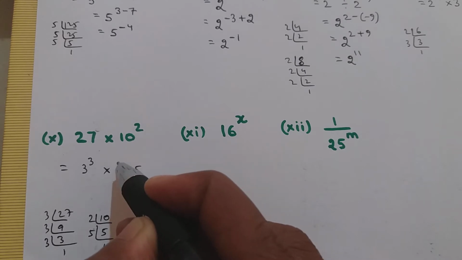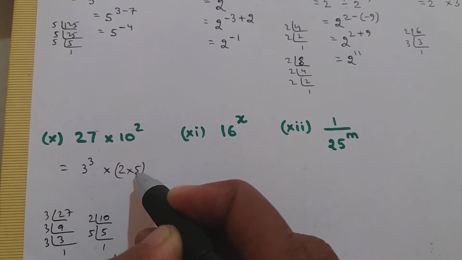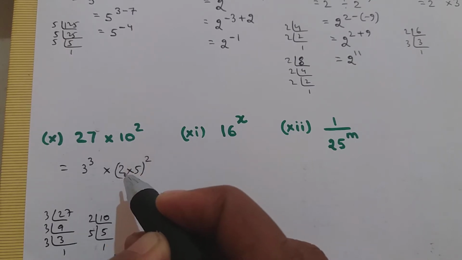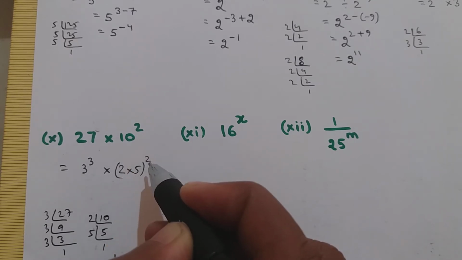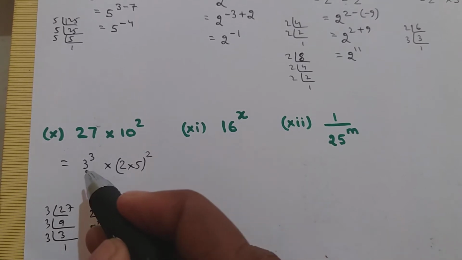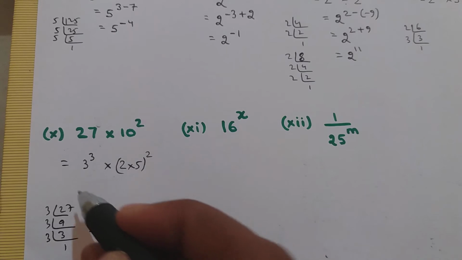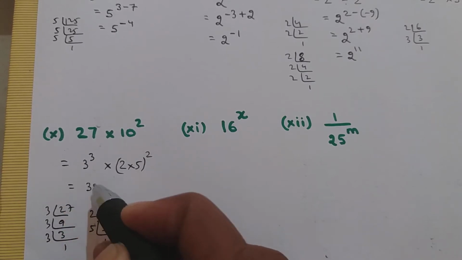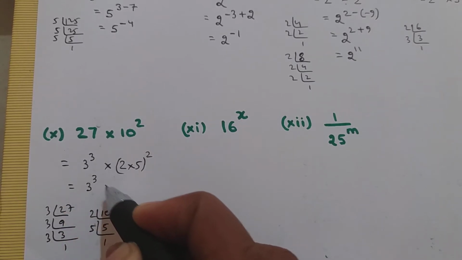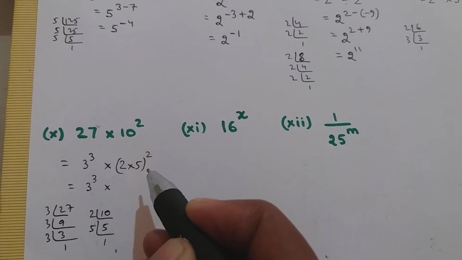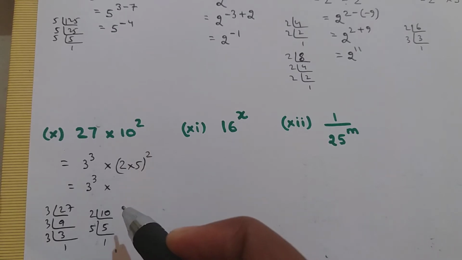Now 10 square, I will write it as 2 into 5 whole square. So it is 3 cube into 2 into 5 whole square, which means the power 2 belongs to 2 as well as 5.